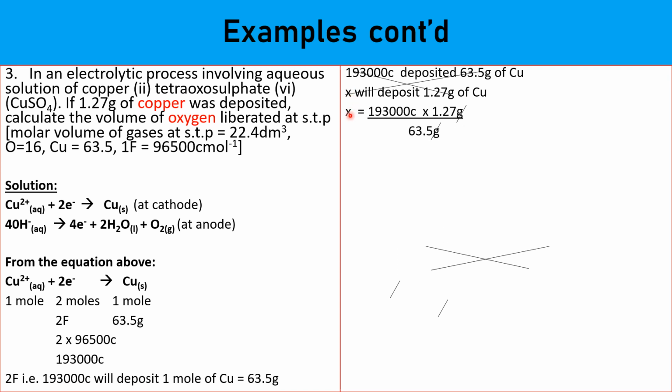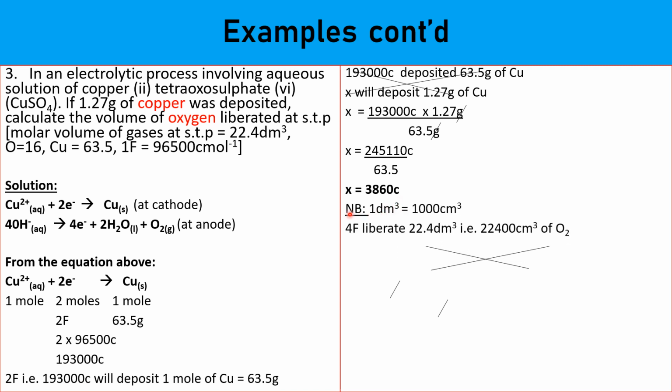Then we are going to have what? X equals 193,000 coulomb times 1.27 gram divided by 63.5 gram. Gram will cancel gram. The product of this and this will give us this value divided by 63.5, and that will give us the quantity of electricity to be what? 3,860 coulomb.